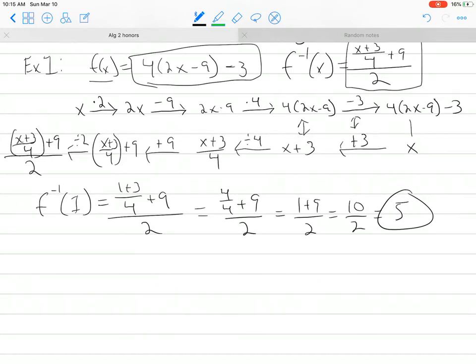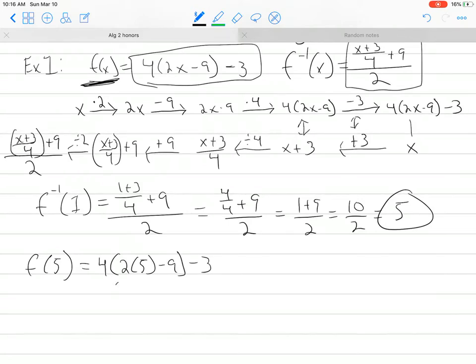This is what I plug in to f of x now. I don't plug in that 1 that I put in f inverse, but I plug in the output of that. So I put in 5. So I'm now finding f of 5. And I surely hope that this works. 4 times 2 times 5 minus 9 minus 3.